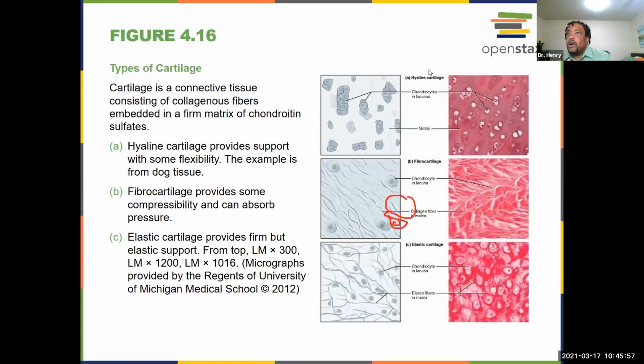So we have cartilage. You guys have heard of cartilage before, right? Yes. What is the function of cartilage?